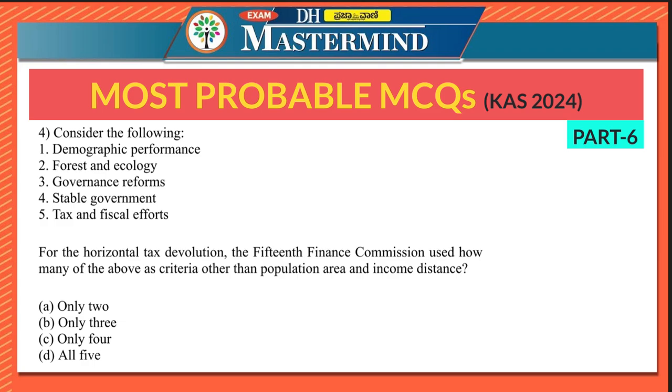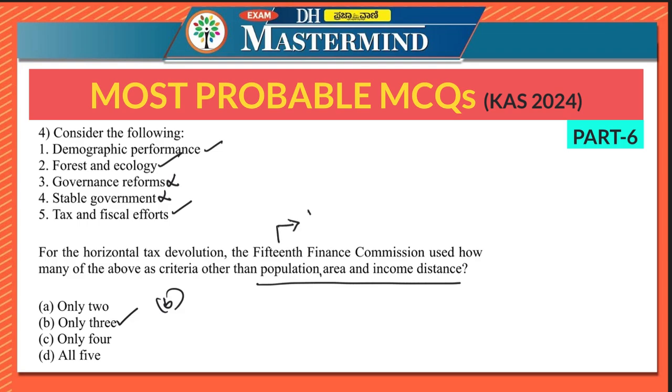The 15th Finance Commission used demographic performance, forest and ecology, and tax and fiscal efforts. Therefore, the right option is option B, only 3. It did not use governance reforms and stable government.